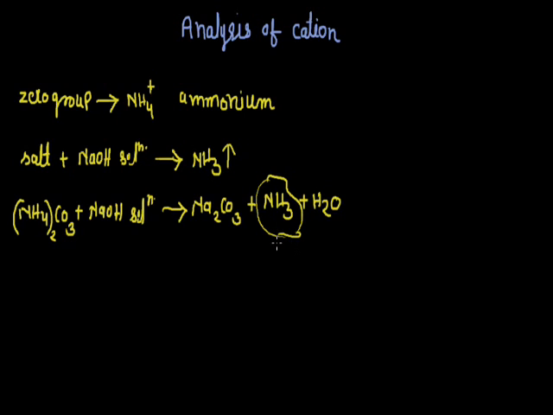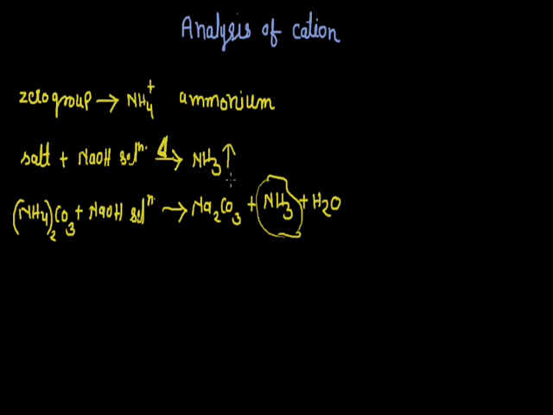Sometimes the smell does not come out in the cold solution, so we heat the solution. We take the salt, add NaOH solution and heat it. When heated, ammonia gas comes out and the ammoniacal smell comes out of the test tube. Then we can say that this salt contains the ammonium cation.